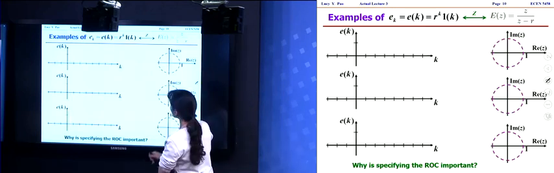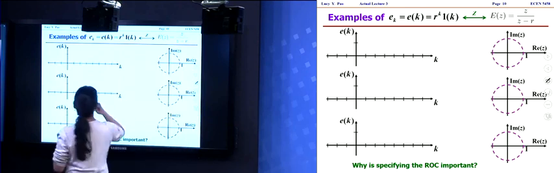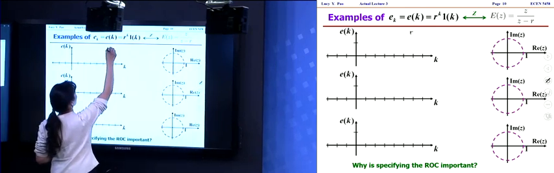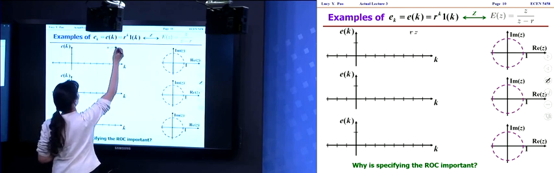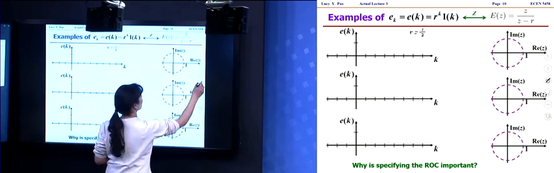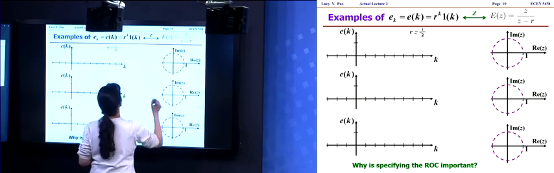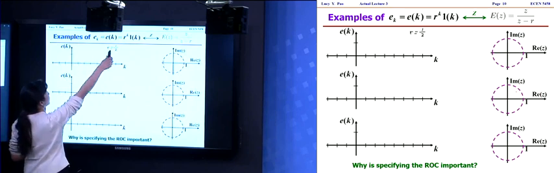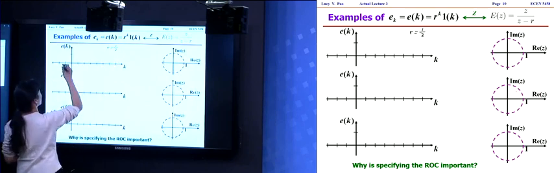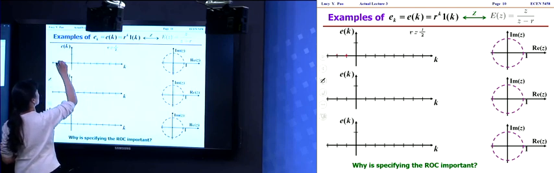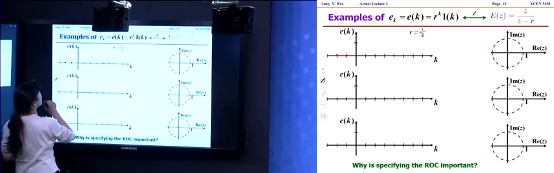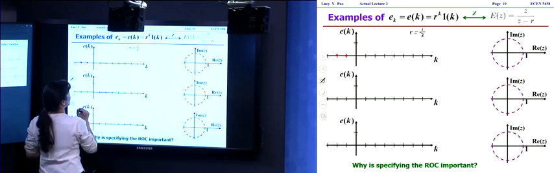Let's look at a few examples. First, the case where R is less than 1, say R equals one half. Then e[k], equal to R to the k times the unit step u[k], is going to be 0 for k less than 0.